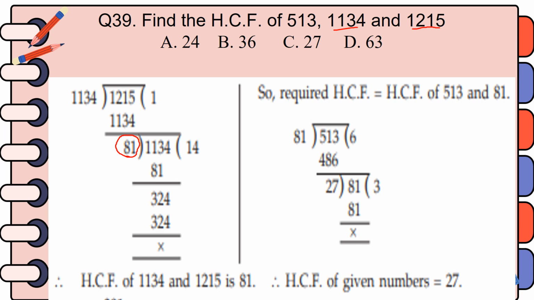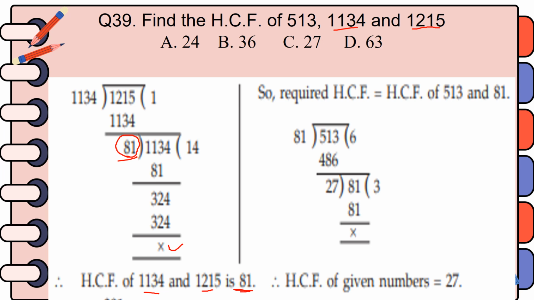The last divisor is what you get when you divide the larger number by the smaller number, then divide the divisor by the remainder, and repeat that process until you get 0 as a remainder. In such a way, the last divisor is 81, and 81 is the HCF of these two numbers. Now we get 81.